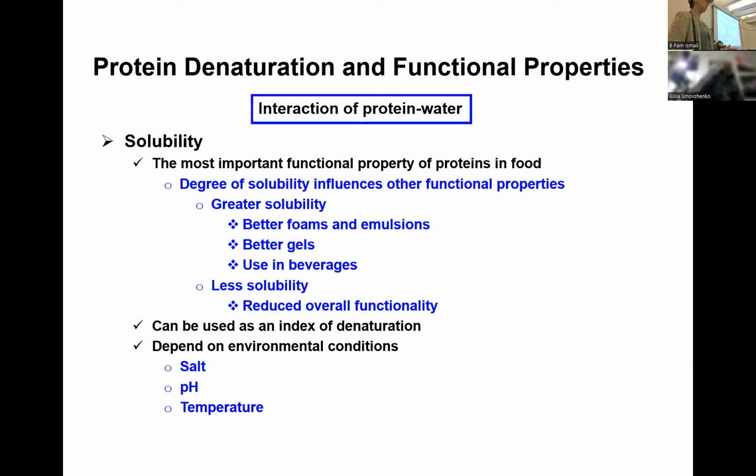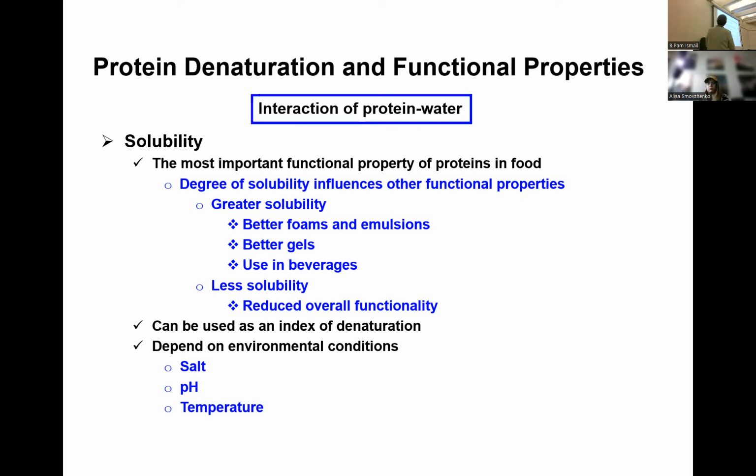You don't want to start with a protein that's already aggregated, like pea protein, which is poor. It's not going to extrude well for you. You want the protein to polymerize during the extrusion process to form these fibrous structures. So here, degree of solubility influences other functional properties, but not necessarily the extrusion properties.